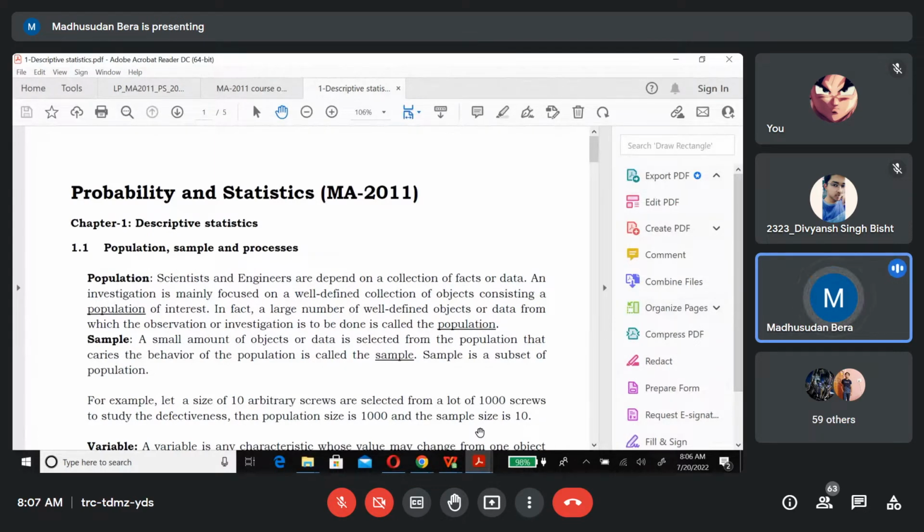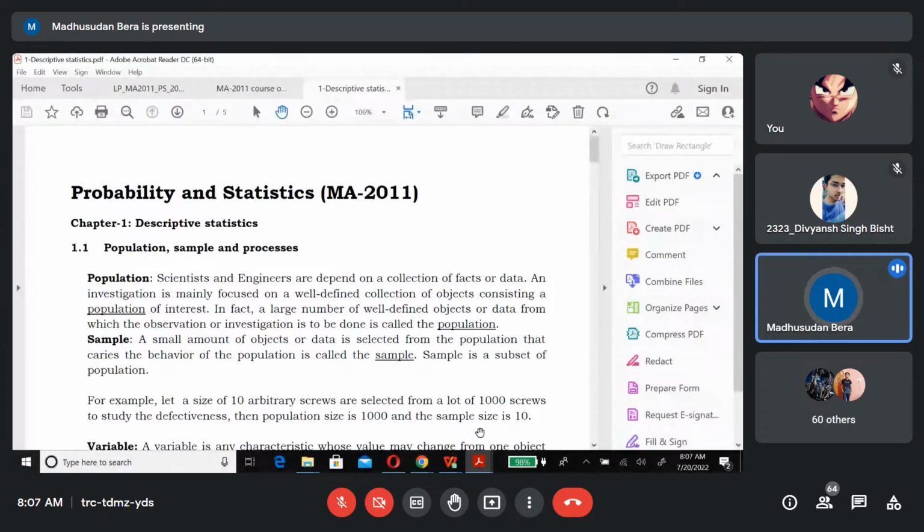suppose we want to measure the average height of the KIIT University students. There are almost 20,000 students. So if we individually take the height and then the average, it will take lots of time. So what will we do?